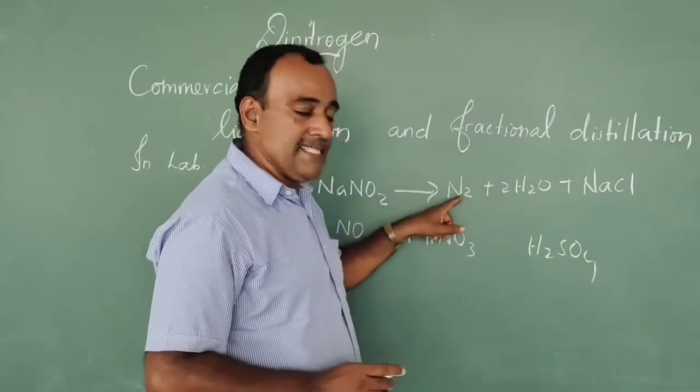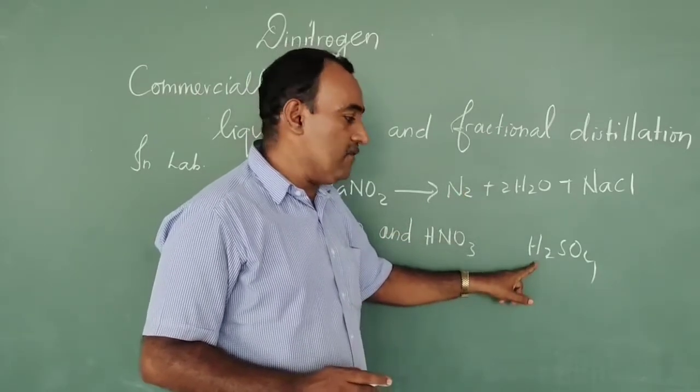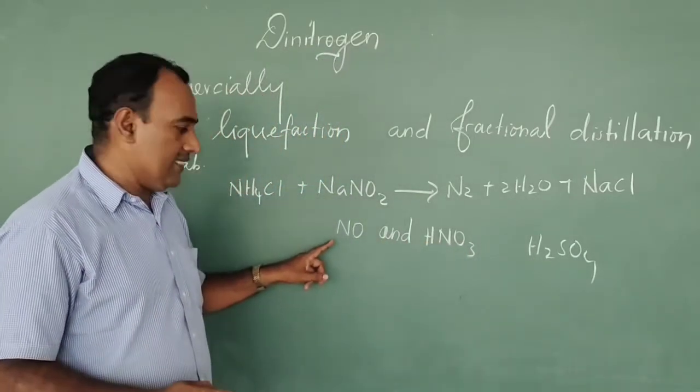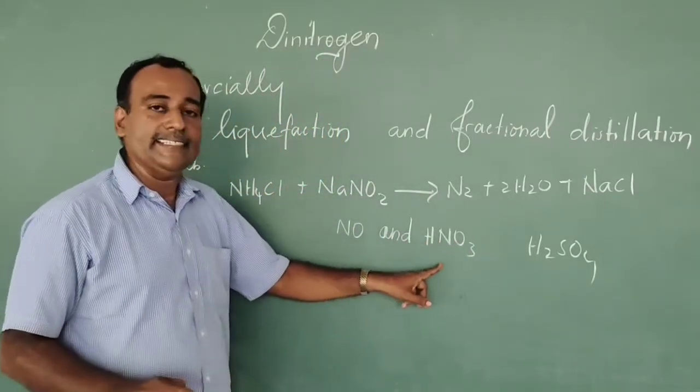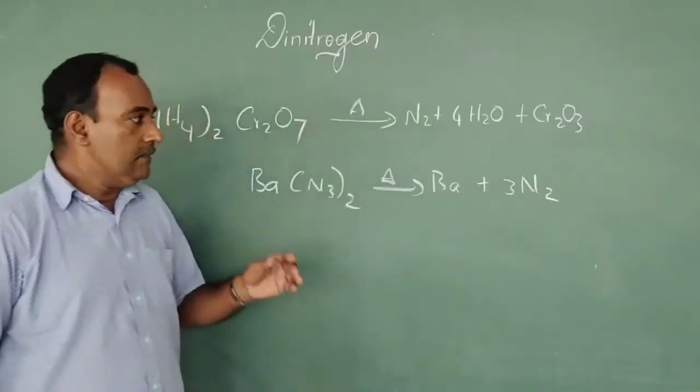When we pass the resultant gas through the mixture of sulfuric acid and potassium dichromate, the impurities such as nitric oxide and nitric acid are removed from the gas.